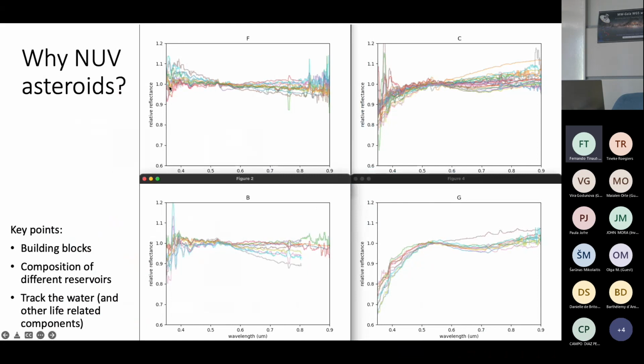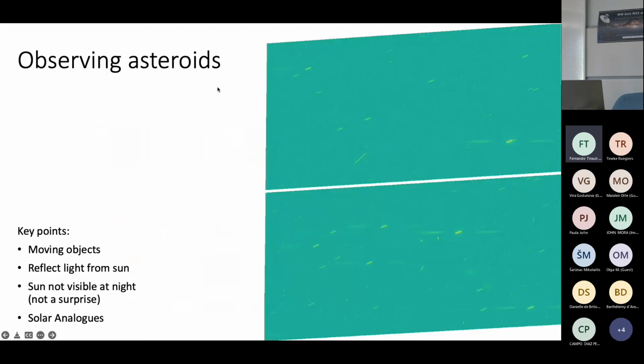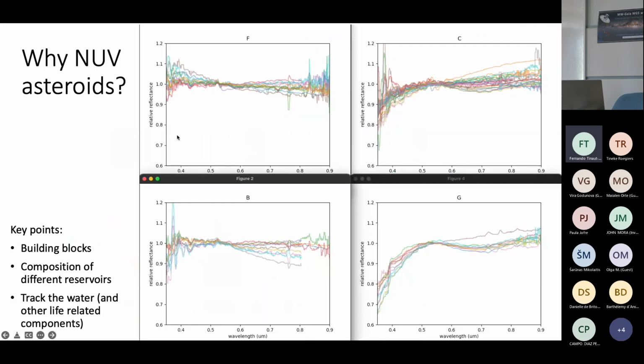Some of the F types, not always, begin the drop at 0.4 microns, in the same way as some of the B types. However, C and G types begin the ultraviolet absorption at 0.5 micron.